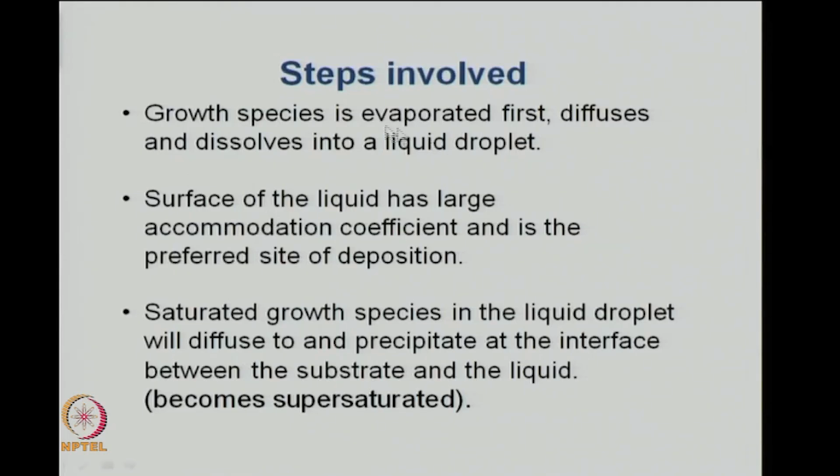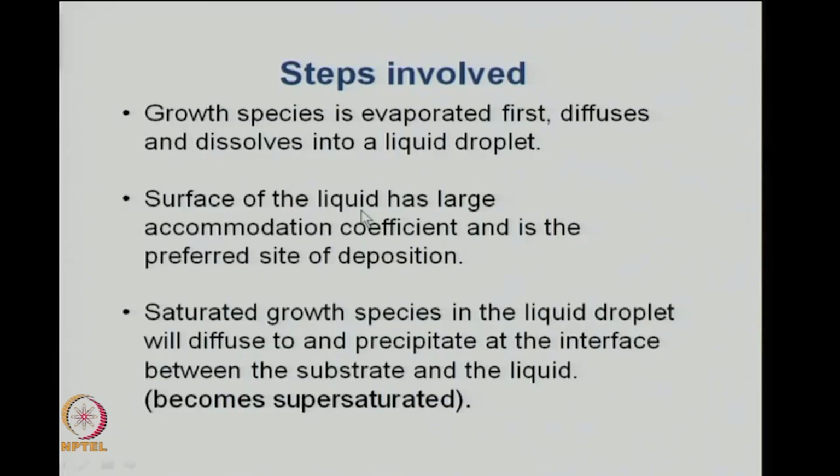So, if we go over some of them again, the growth species which is in the substrate is evaporated first, diffuses into the liquid and dissolves, and since it is a liquid, it has a large accommodation coefficient. If you try to absorb gas molecules on a solid surface, then as you know, on a solid surface there are some preferred sites where the gas molecules can occupy.